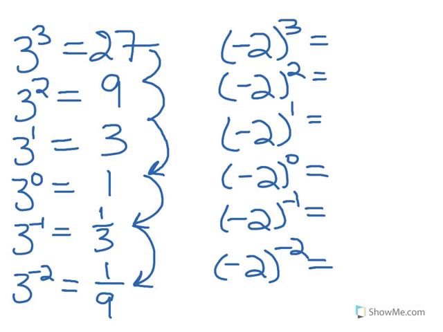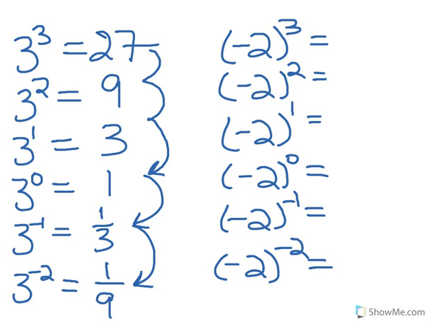All they do is define where the power should be. If the exponent's negative, the power should be in the denominator. If the exponent's positive, the power should be, as it always has been, in the numerator. I don't know that we ever thought of 27 as a fraction, but it is a rational number and can be written as 27 over 1, in which case our power did indeed end up in the numerator.